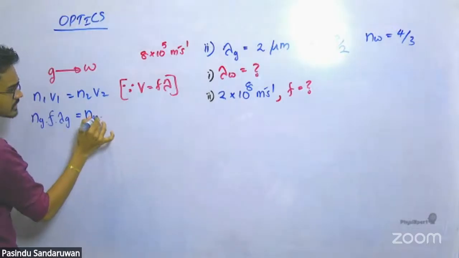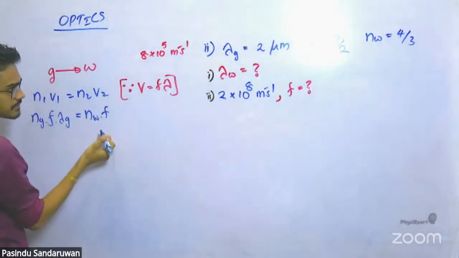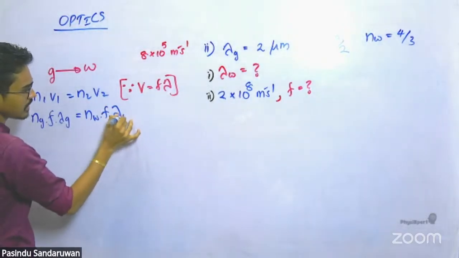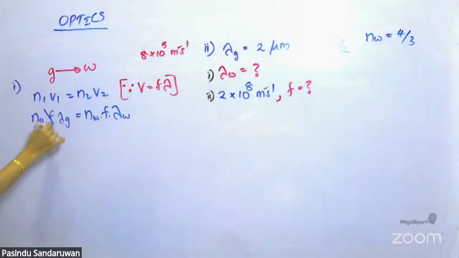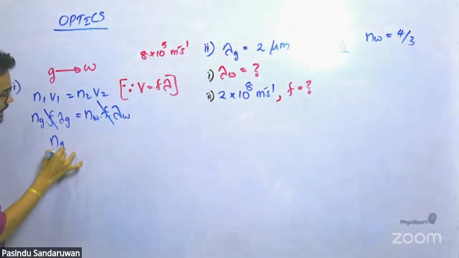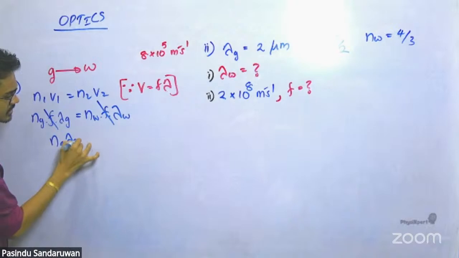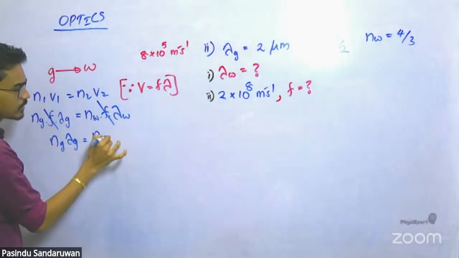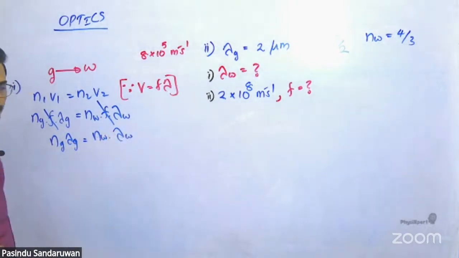In water, frequency is still the same and wavelength is lambda water. Now frequency cancels off. The final equation is n glass times lambda glass equals n water times lambda water.